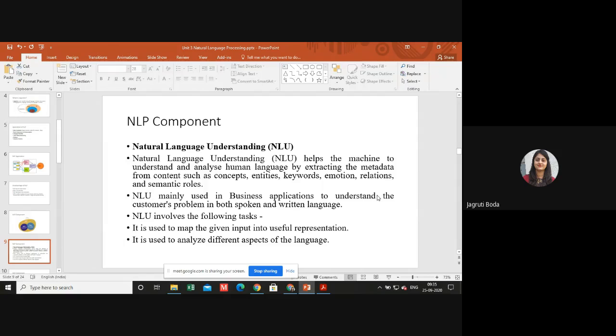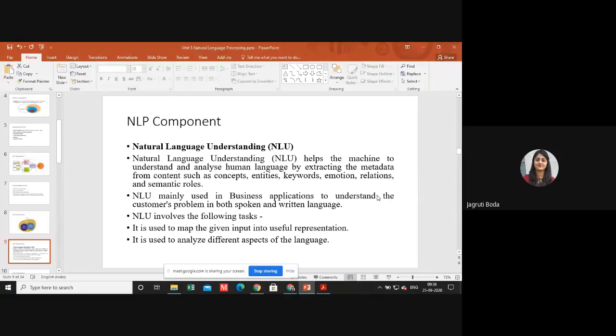NLU involves the following tasks. The first one is that it is used to map the given input into a useful representation, and it is used to analyze different aspects of language. Now I give one example of what natural language understanding can do. It understands all the tokens, meaning I am Jagruti Boda.